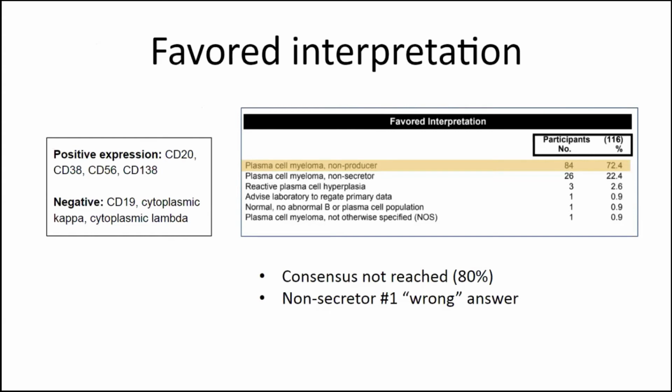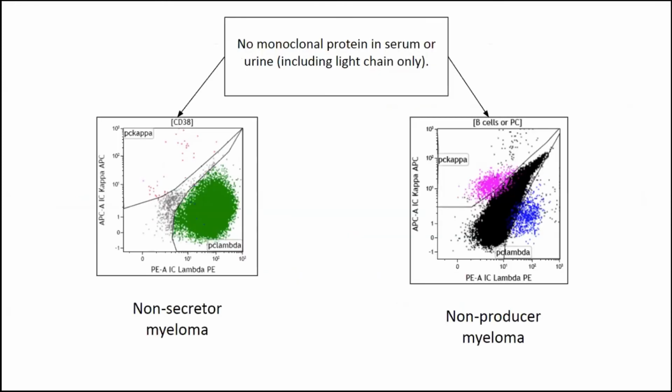However, consensus was not reached. The biggest detractor for the correct answer was a non-secretor myeloma. So let's review the difference. While both would have no monoclonal protein detected in their serum or urine, non-secretory myeloma cells do make the immunoglobulin, but they're unable to excrete it extracellularly.